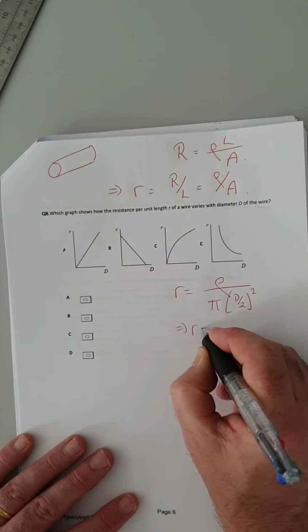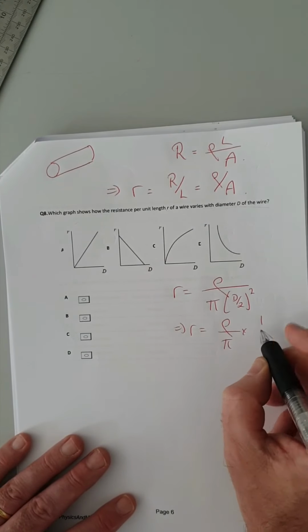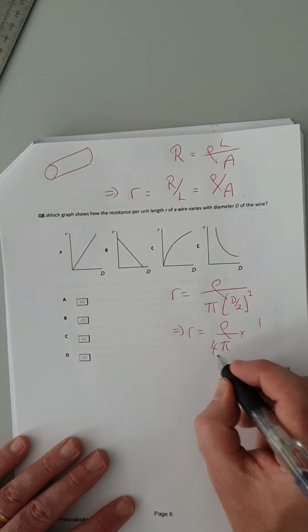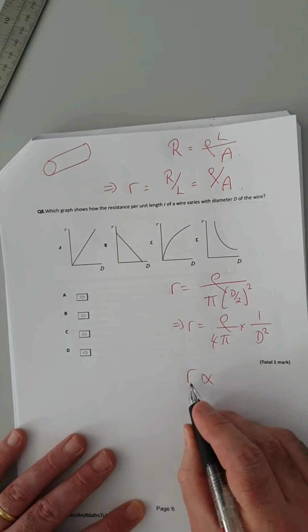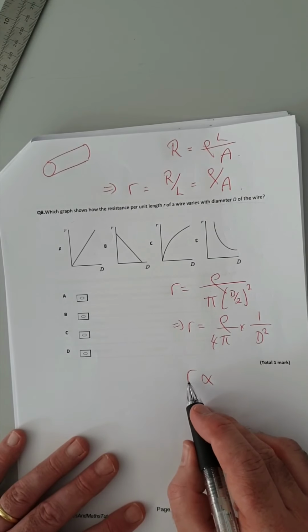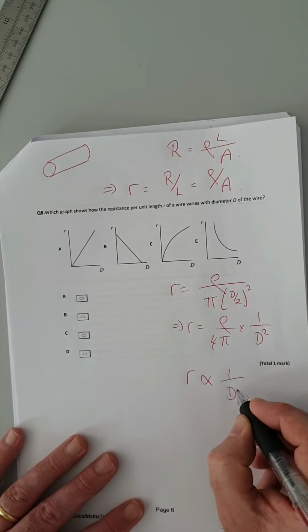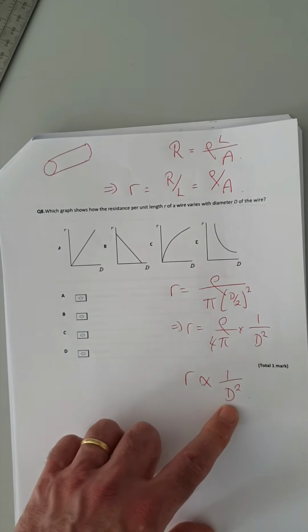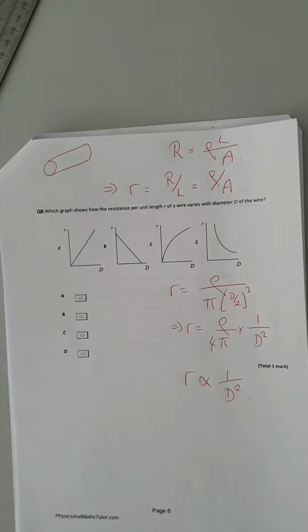So that gives me R is equal to resistivity over 4 pi, I should say, over the diameter squared. So that means that the resistance per unit length is proportional to 1 over d squared. So I'm looking for a graph that shows me this relationship.